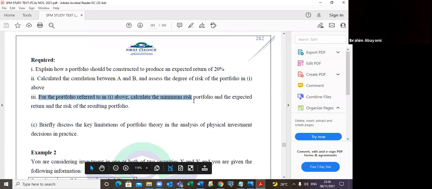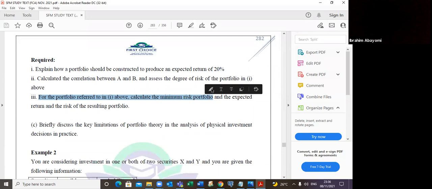Number one is the minimum risk portfolio, which is the weight we have just computed. Then, using that weight, we are going to compute the expected return of the portfolio, and the risk of the portfolio.